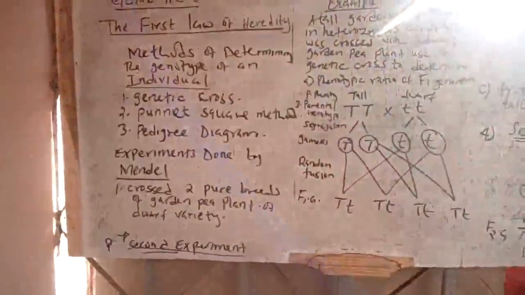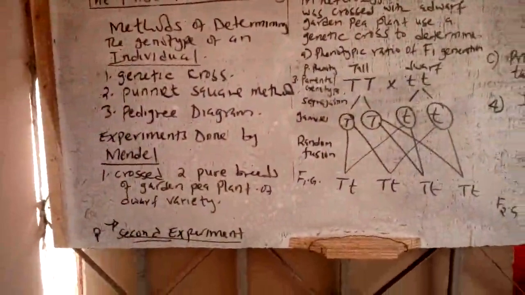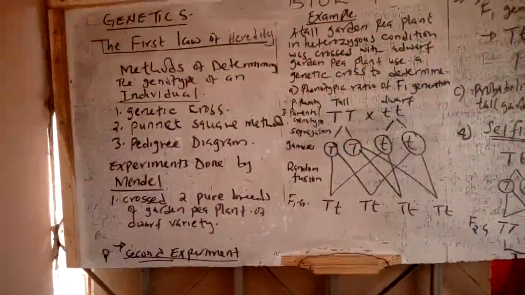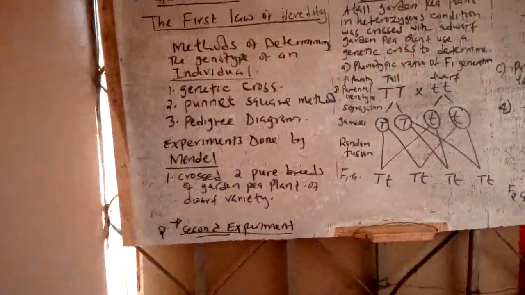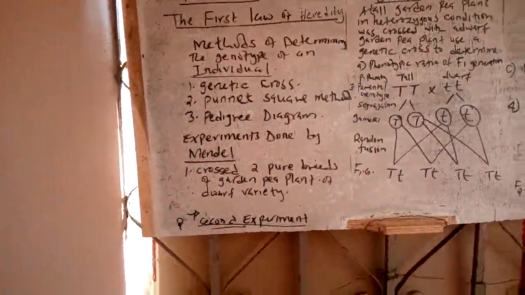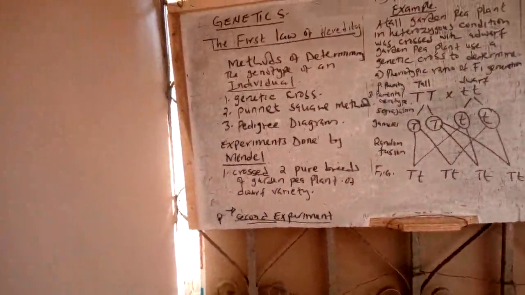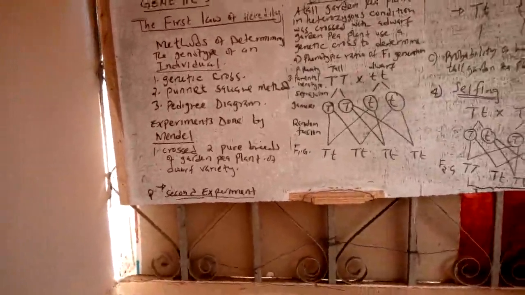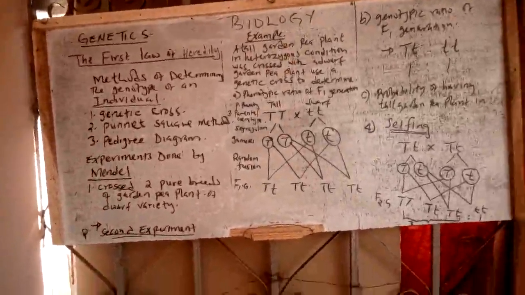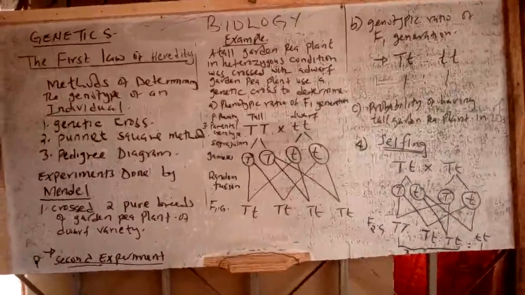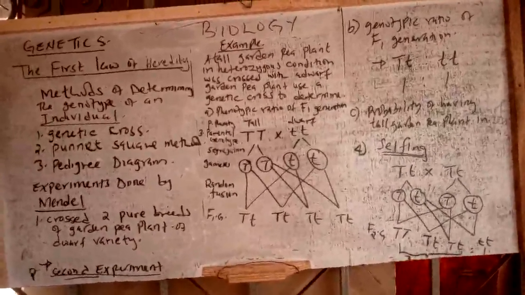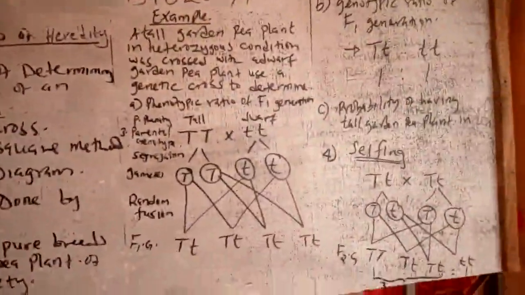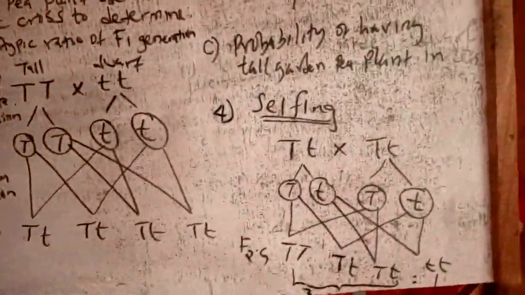That is, he did the first experiment, crossing two pure breed garden pea plants. In the second experiment, he made a cross between two impure garden pea plants, and in the third one he made a cross between a pure tall garden pea plant with homozygous dominant condition, and another one with dwarf. And in the fourth experiment he made selfing.